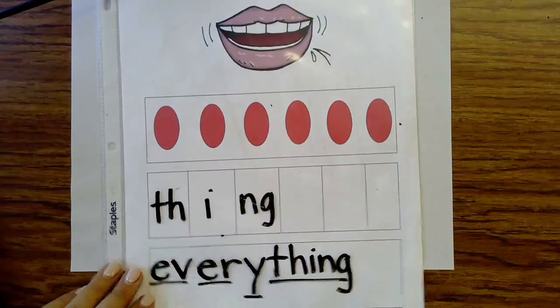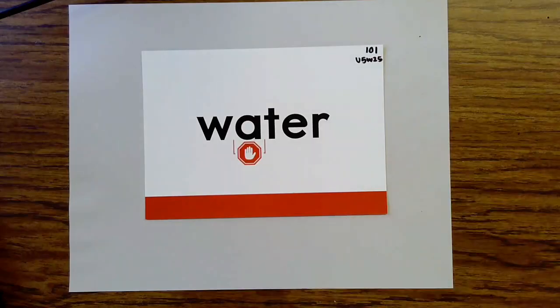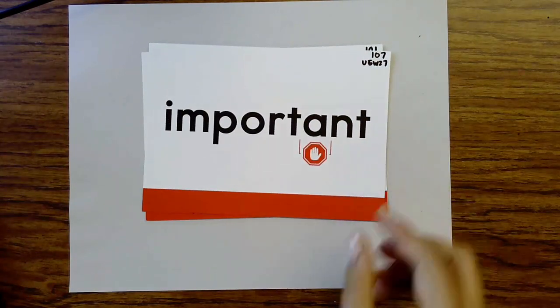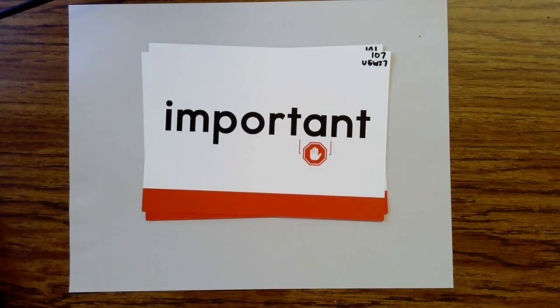Now I'm going to take all those words and mix them up. Let's see if you can read these gray star words before I do. Let's get started. Water. Important.